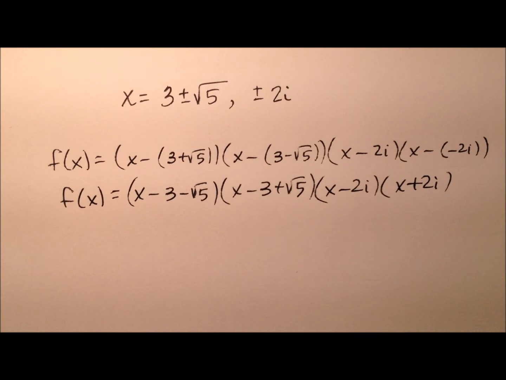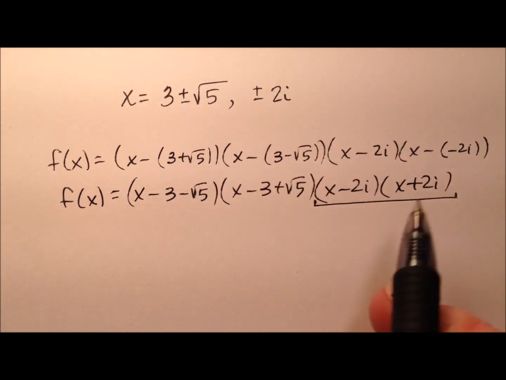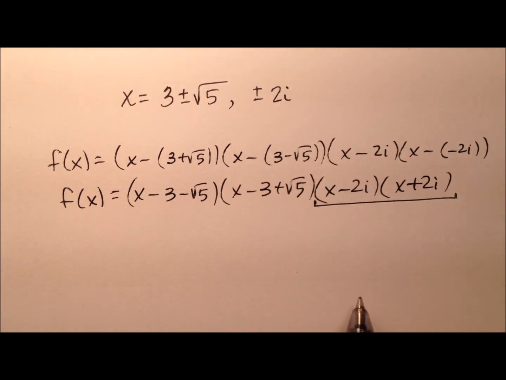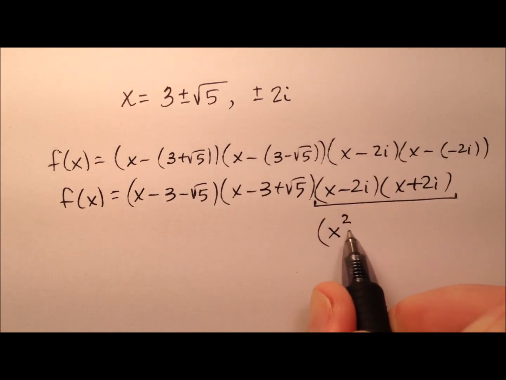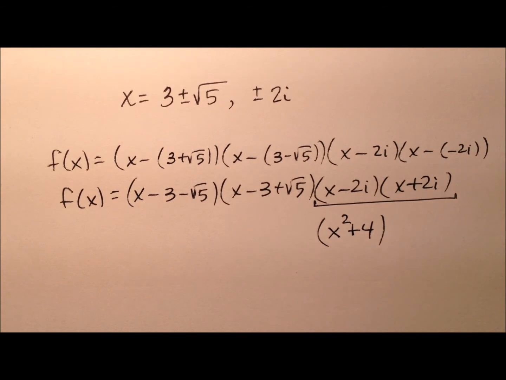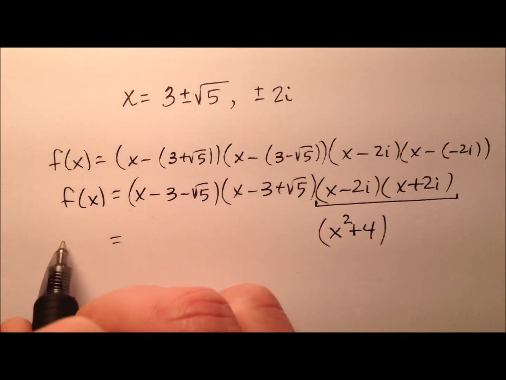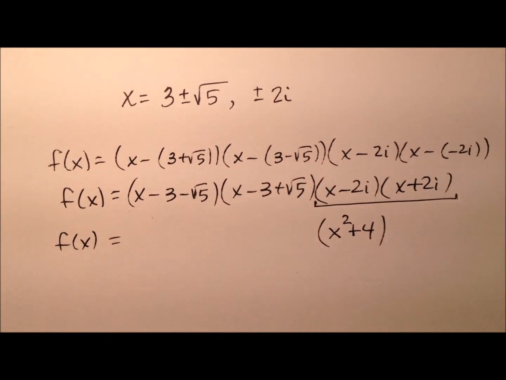And so in order to multiply this together and write this in standard form, I see that I have some patterns going on. Namely, I have some difference of squares. The most obvious one is right here, x minus 2i and x plus 2i. And ultimately, when I multiply that through, I'll have x squared plus 4. Okay, this one might not be as obvious, but it's still pretty nice.